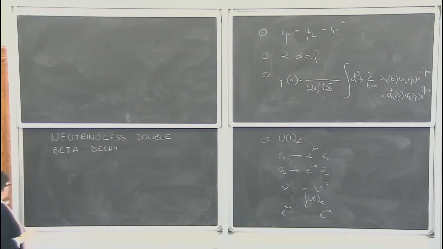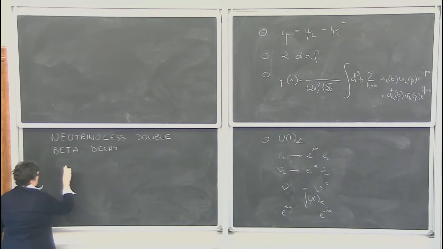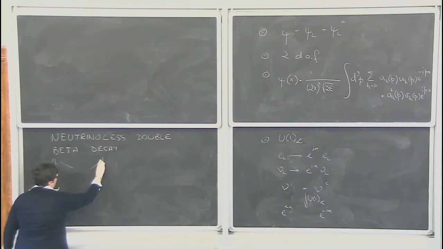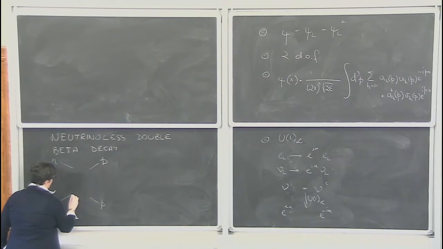So a double beta decay is a process in which you start with 2 neutrons and you end up with 2 protons and 2 electrons.